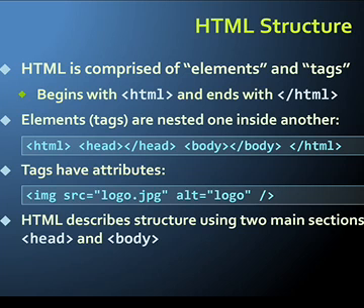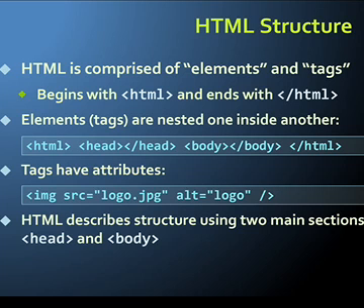The slash before the name indicates the end of the tag. Elements and tags are nested one inside another. Observe html, head, head closing, body, body closing, and html closing. So this is the general structure.